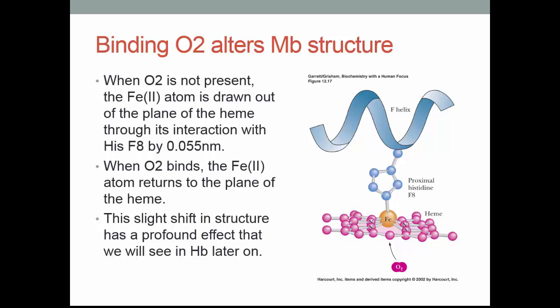When oxygen binds, that iron atom is drawn back into the plane of the heme, which then pulls histidine F8 with it as well, which then also pulls helix 8, and eventually causes a downstream global shift in the myoglobin structure. While this structural shift in myoglobin is small, we will see a much more profound effect in hemoglobin in both global structure and binding activity after binding oxygen.